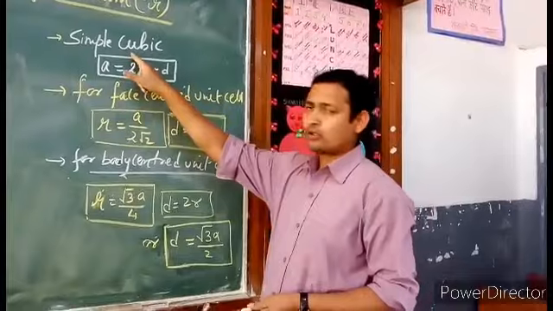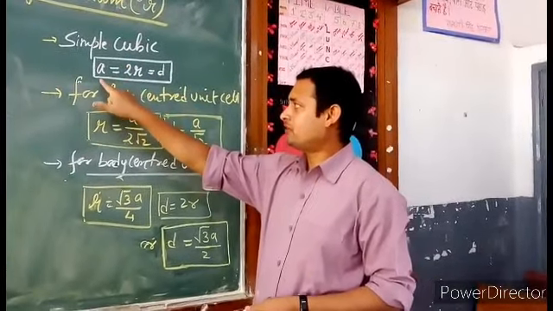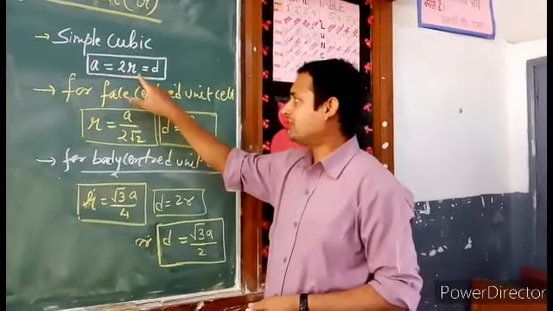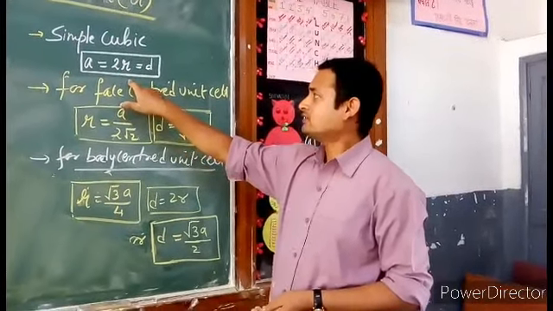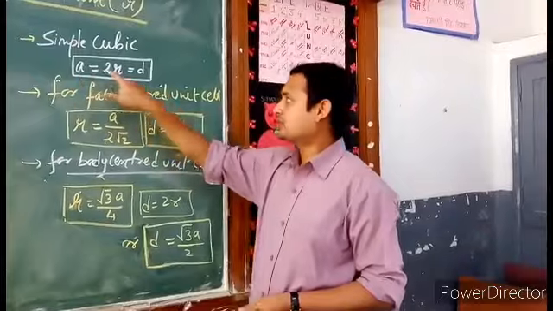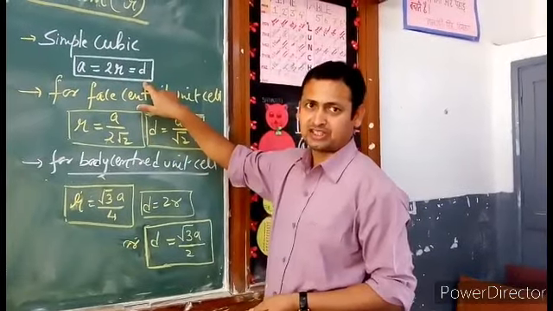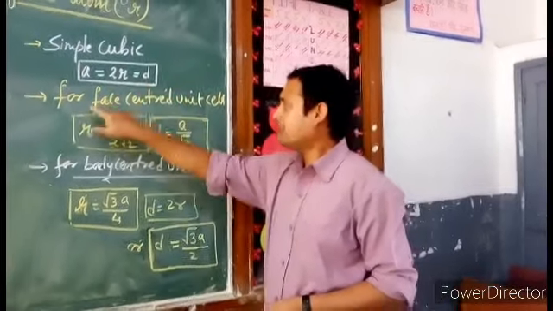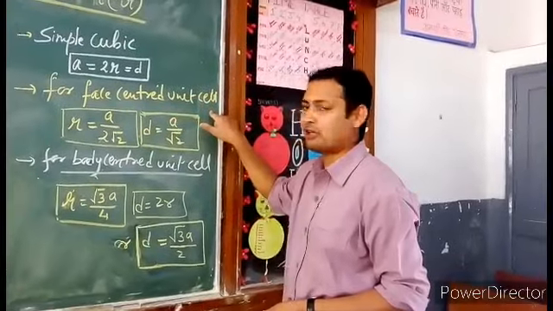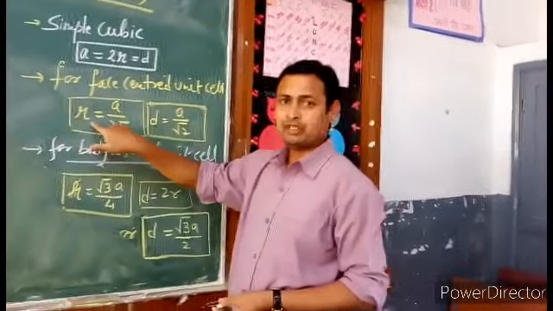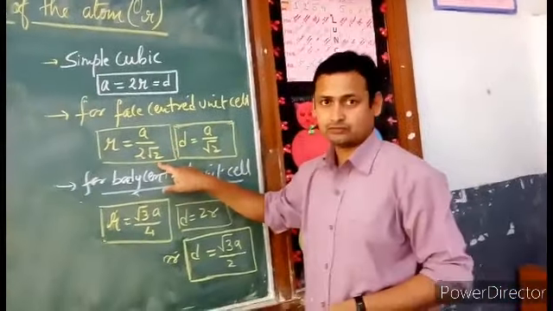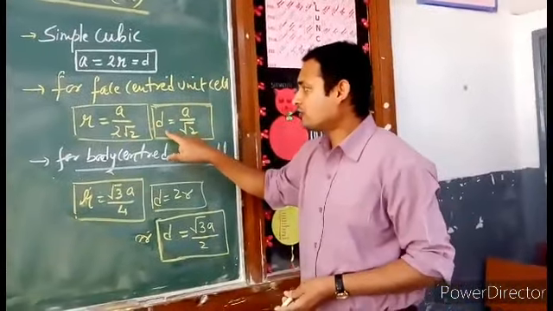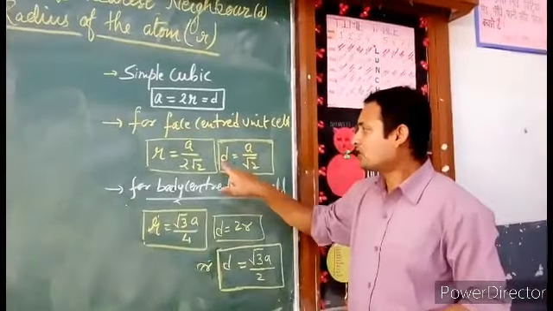So for simple cubic we all know the relationship between edge and the radius is how much? Edge is 2 times the radius, and the edge length will be equal to the distance of closest approach, that is d. In the case of face centered unit cell, what do we have? The radius of atom is equal to edge length upon 2 root 2. And the distance of closest approach will be 2 times the radius.